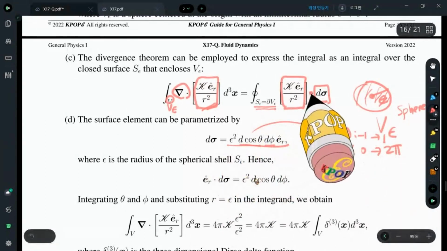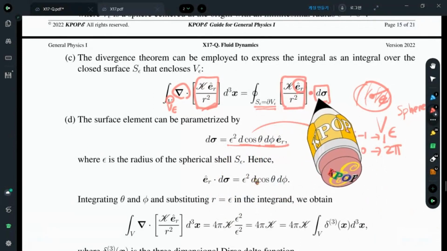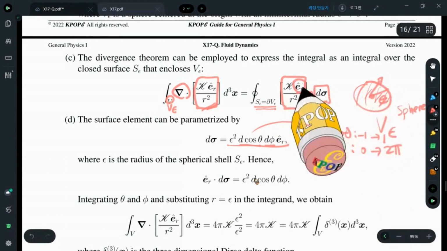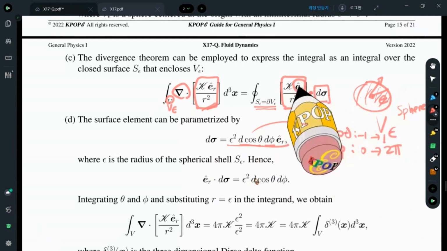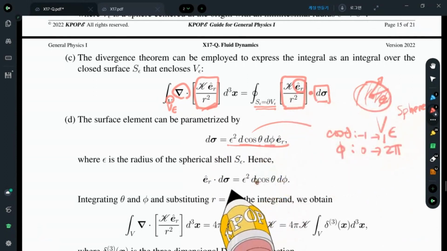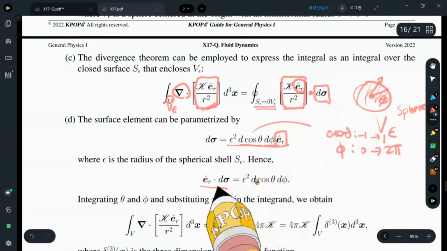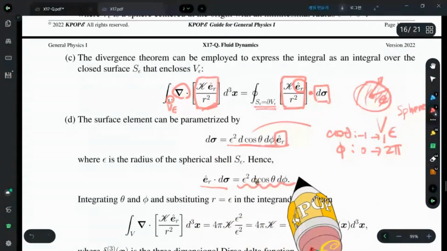And then we have a scalar product of the normal vector of the surface and the radial vector. So the radial vector scalar product is just one, so area only.